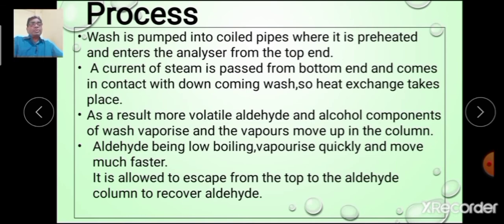They are removed by vaporizing from the wash, and these vapors move up in the column. At the top there is an aldehyde column, because aldehydes are more volatile than alcohols, and therefore aldehydes are allowed to escape from the column and are removed.